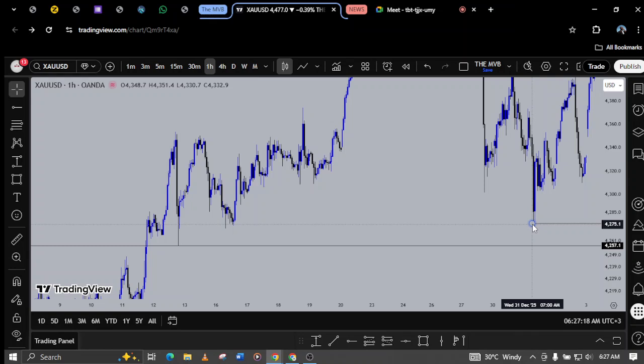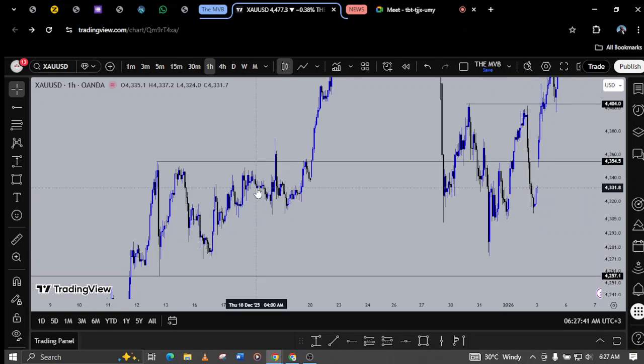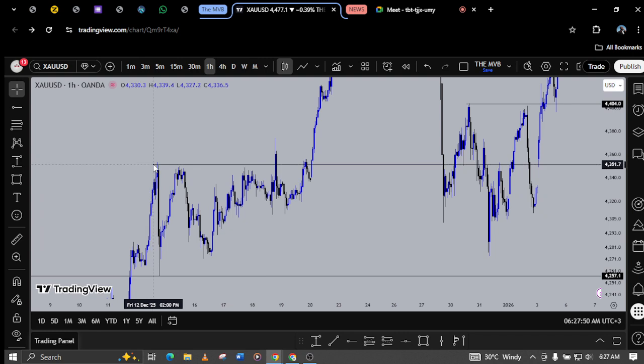Now, this is one of the reasons why I say if we have a major break, you should not consider the minor structure. You see, we had this major break here, so this will be our swing point area and our swing low here. Now, if we would have to consider this minor structure after this break, we had another break outside here, so this becomes our structure again.